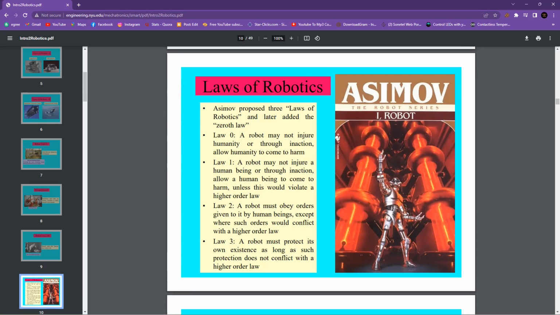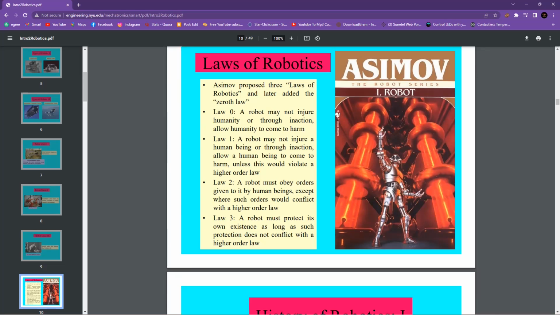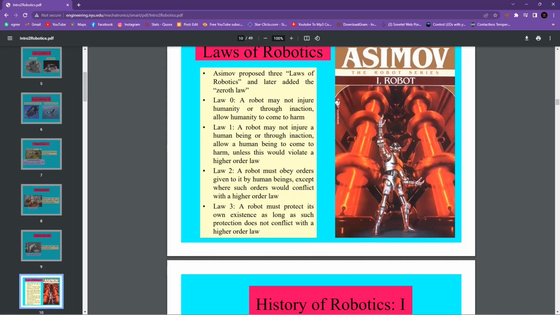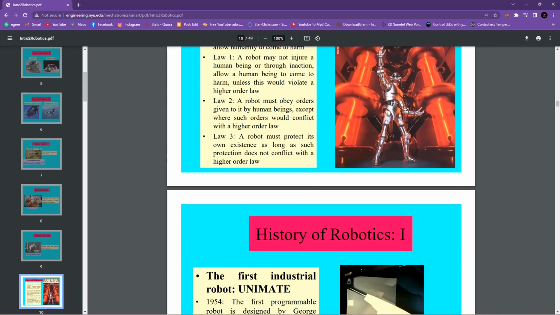Law two says a robot must obey orders given to it by human beings, except where such orders would conflict with a higher order law. And the last, third law: a robot must protect its own existence as long as such protection does not conflict with a higher order law.